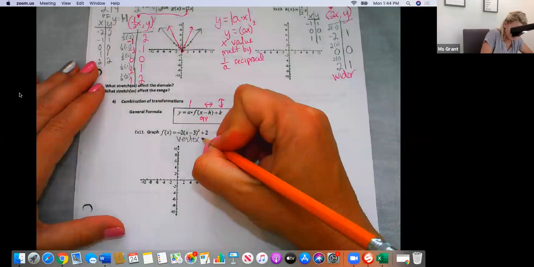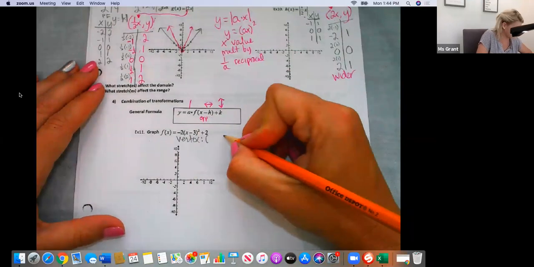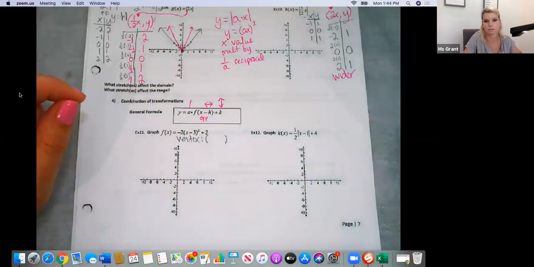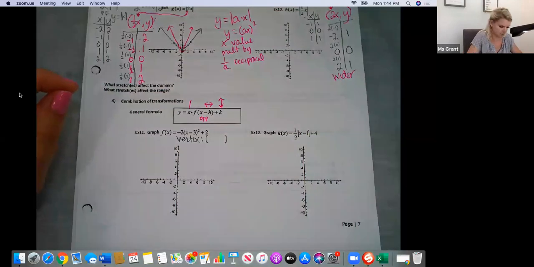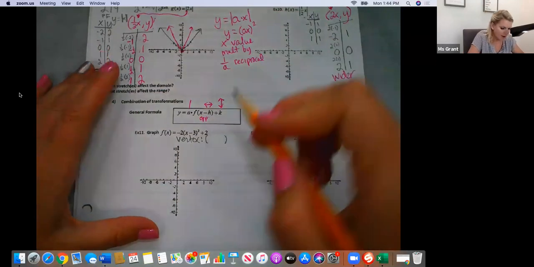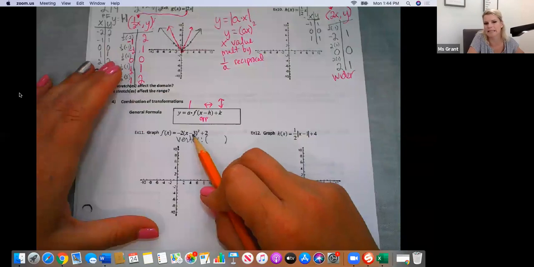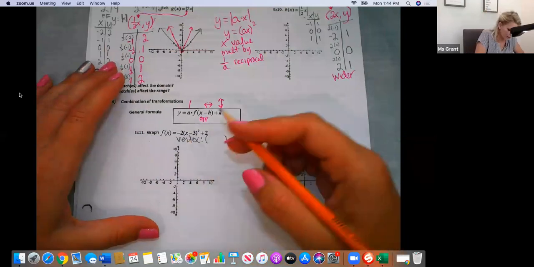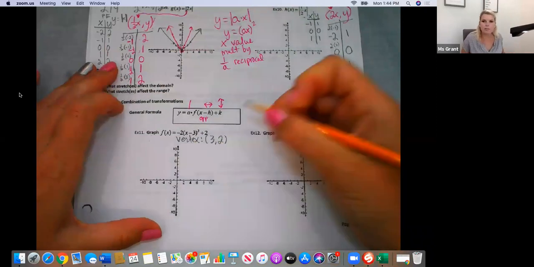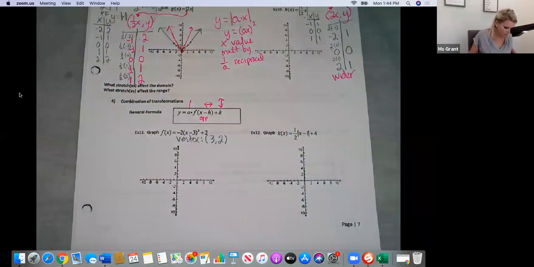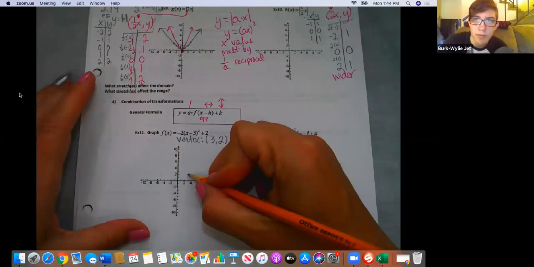Maybe your mic is not on. -3, 2. Oh, I don't like -3 because remember how it's the opposite sign? Oh. So it's, what is it? 3, 2. 3, 2. Can you guys go ahead and mark that right now?